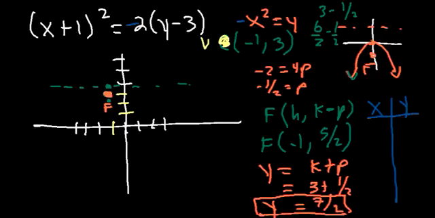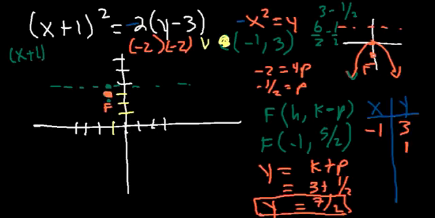I already have the value for 3. When y is 3, x is negative 1. That's the vertex. So I need to choose something less than 3. But I want to choose a number where when I multiply it by negative 2, it's going to give me a perfect square. So I want to choose 1 for y, because 1 minus 3 is negative 2, and negative 2 times the negative 2 in front is 4, and I can take the square root of 4.